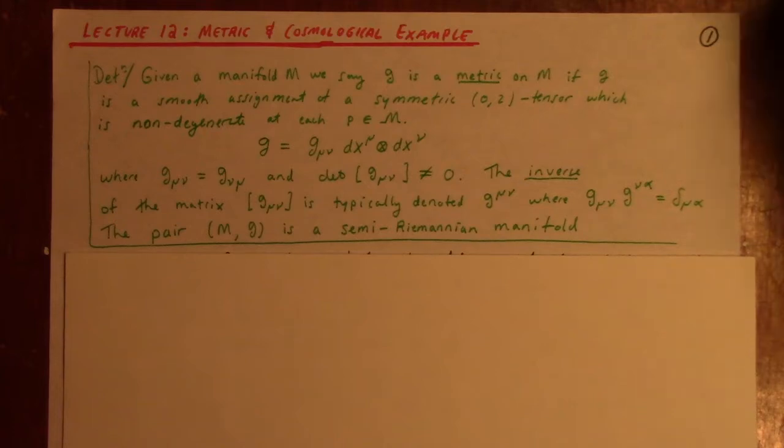Now, I guess I should warn, sometimes in mathematics metric has a more rigid meaning in terms of it has to be a positive definite symmetric bilinear form.